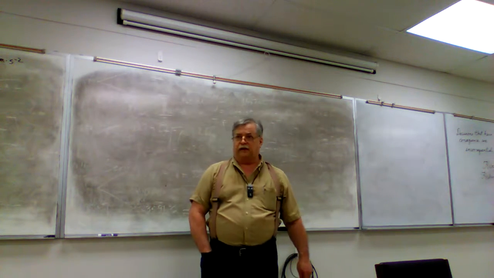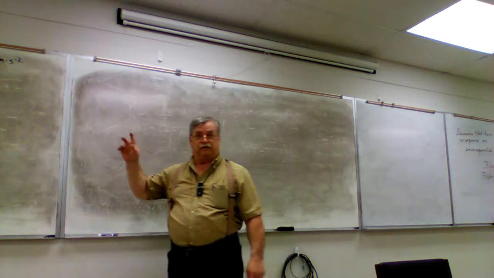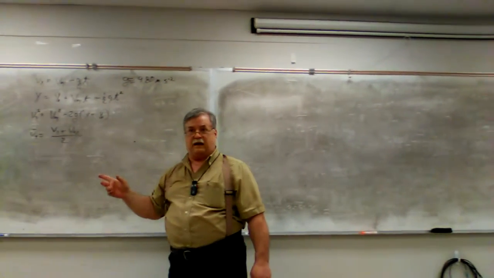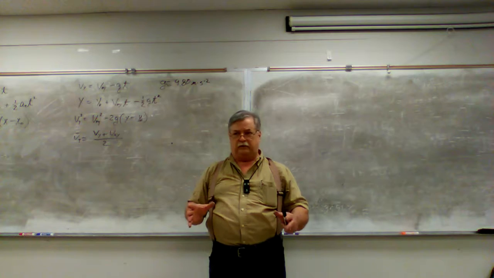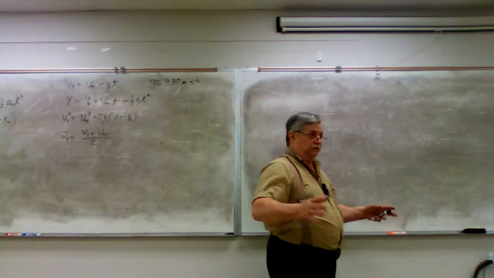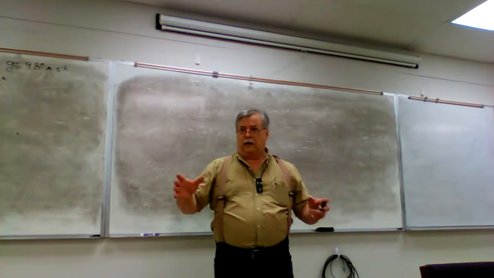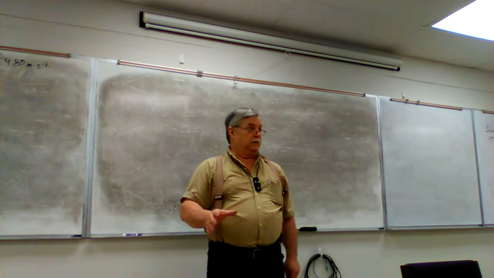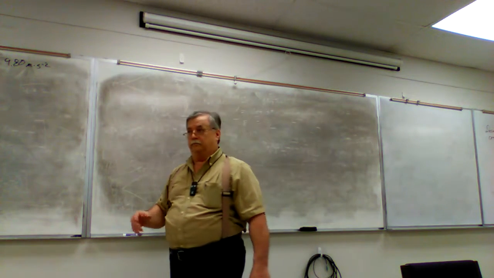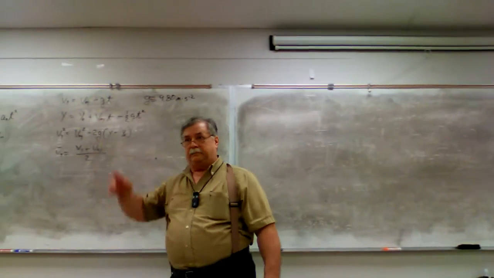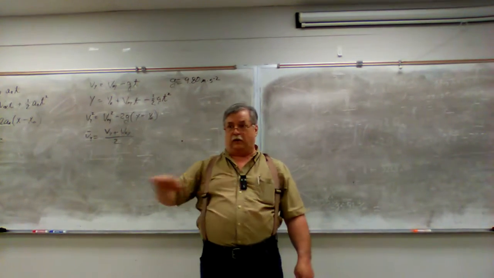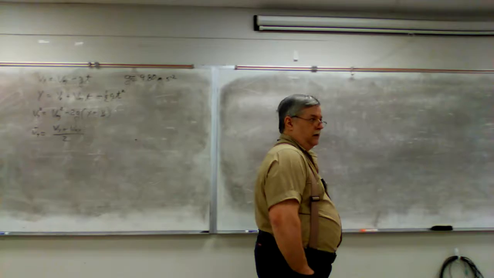Well, just like it was easier to get our minds wrapped around how to do this mathematically by dealing with just 1 dimension, now we're going to take the next incremental step and we're going to analyze motion in 2 dimensions where the ball is not only traveling up and back down, but it's traveling horizontally at the same time.